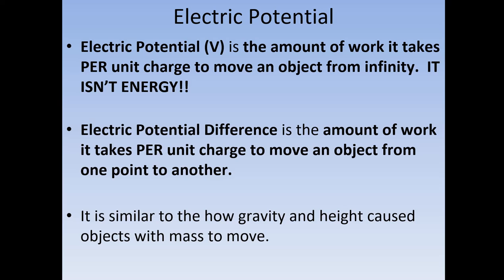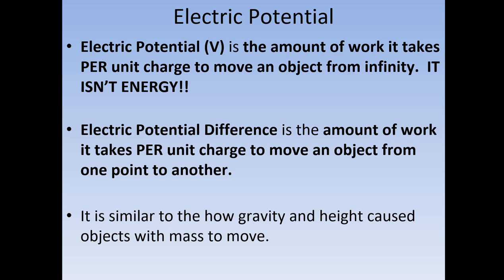Just like with gravity and height, when you have an object at a height or at a different gravity, it does end up gaining a potential energy, but the height doesn't have energy inherent to it. So that's kind of what's going on here. The electric potential by itself does not have energy because it's just a point in space. It's when we move a charge to that potential where it starts having energy.